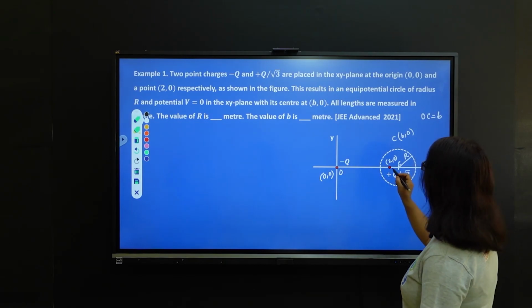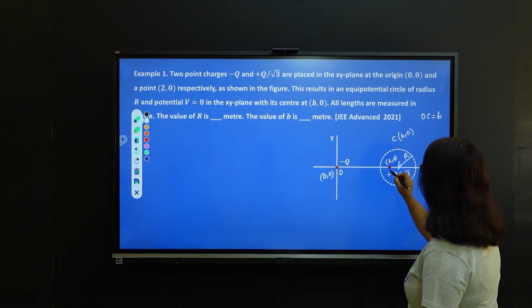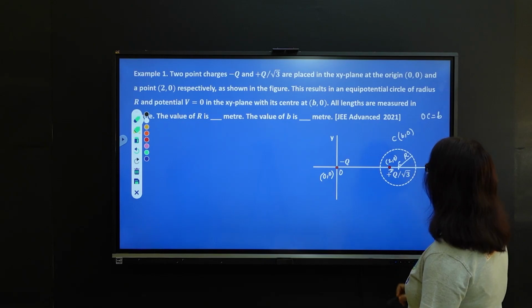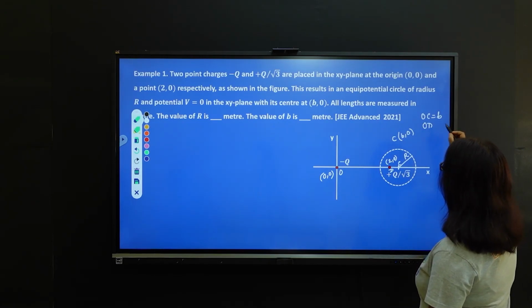We have O, and let us take this point as D, so we have OD equal to 2.